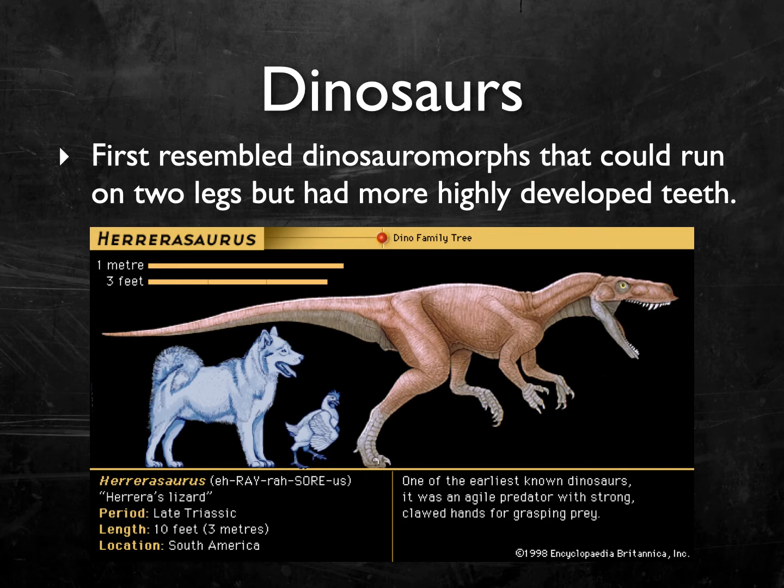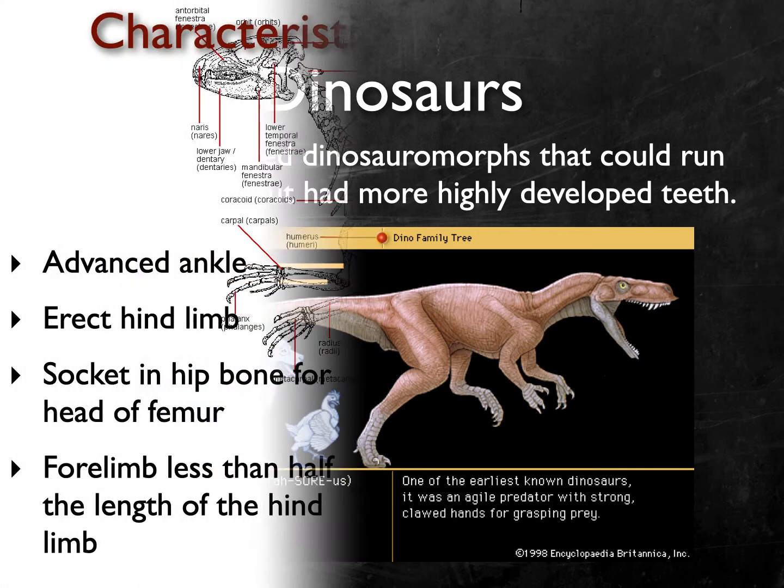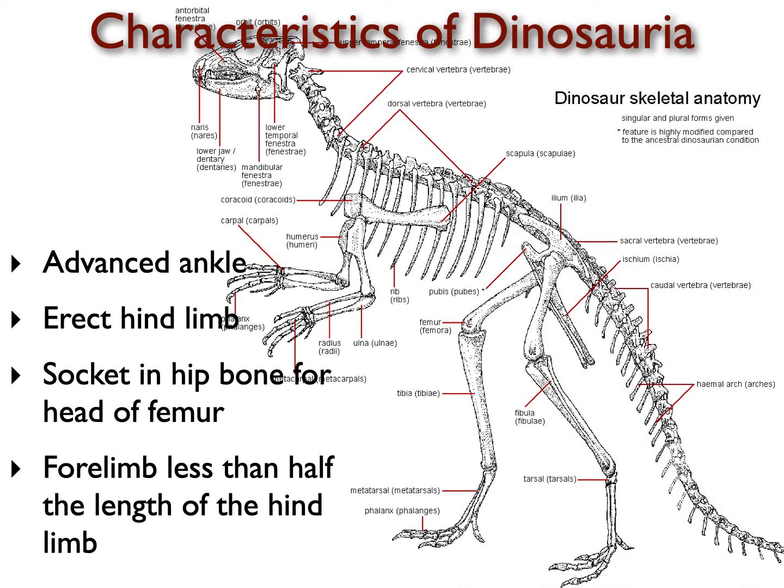So for dinosaurs as an entire group, we can start to hone in on some characteristics. It's hard to create a list of exactly perfect characteristics that describes every single dinosaur, but there are some things that are pretty unique to most dinosaurs, compared to other things that were alive at the time. So let's look at a skeleton of a dinosaur, and you'll notice, as I mentioned before, their ankles are pretty advanced.